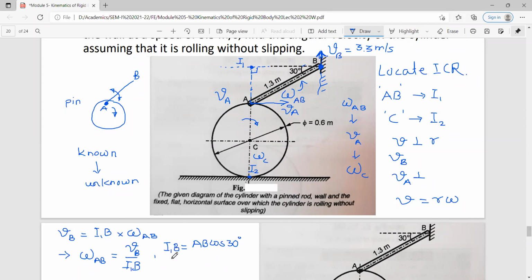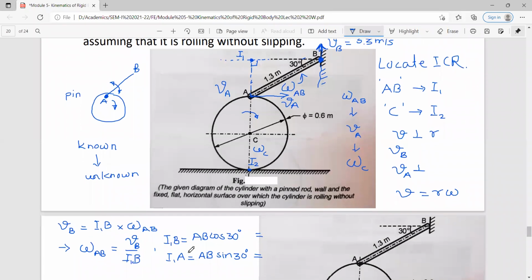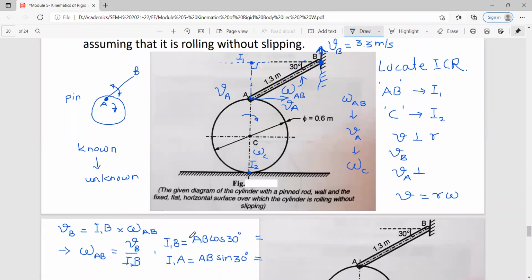And similarly, I can also calculate I1A. I1A will be equal to AB sine of 30. The length of AB is 1.3. You can find out I1B and I1A. Tell me the values.